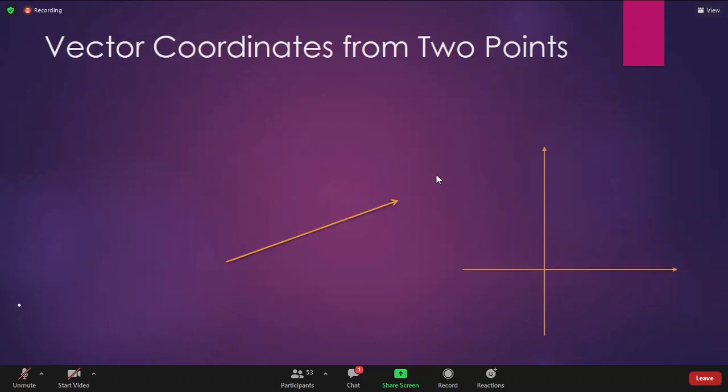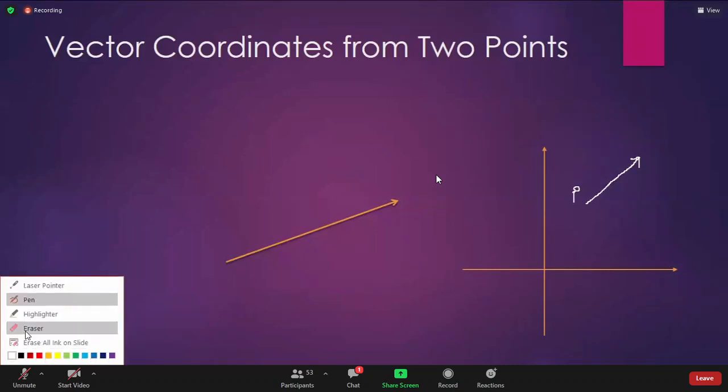Okay, now vector coordinates from 2 points. Let's start by supposing that we have a vector somewhere else. So for example, I take a vector, not from P, because P we generally use in a different sense.